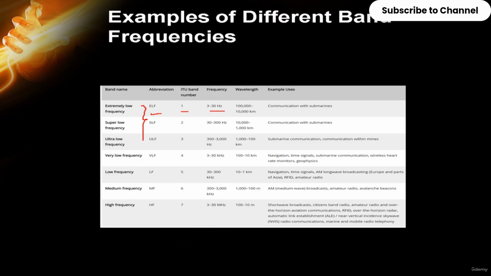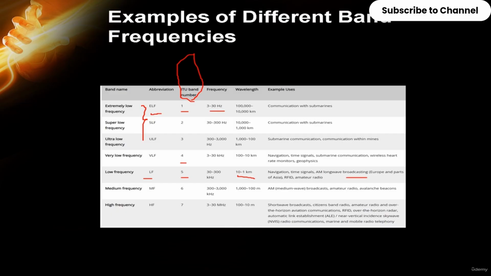Then the very low frequency. An important thing to note is the ITU number. The International Telecommunication Union has assigned a number to each frequency band. Very low frequency has ITU number 4 and is useful in submarine communication, wireless heart monitoring, geophysics, etc. The low frequency, LF, has ITU number 5, operates in the wavelength 10 to 1 kilometer, and is used for navigation and broadcasting.